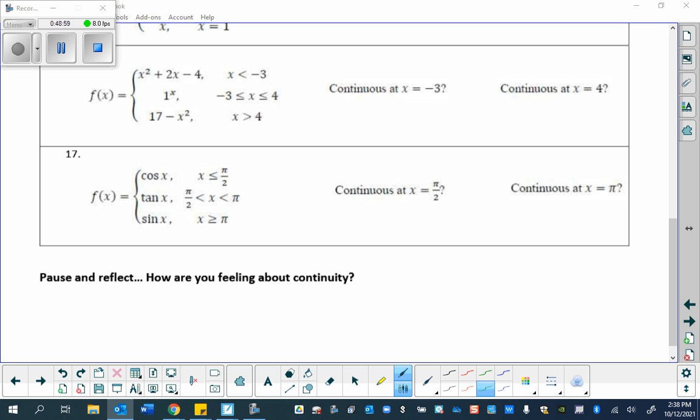So if k is equal to 6, they come out to be the same value.